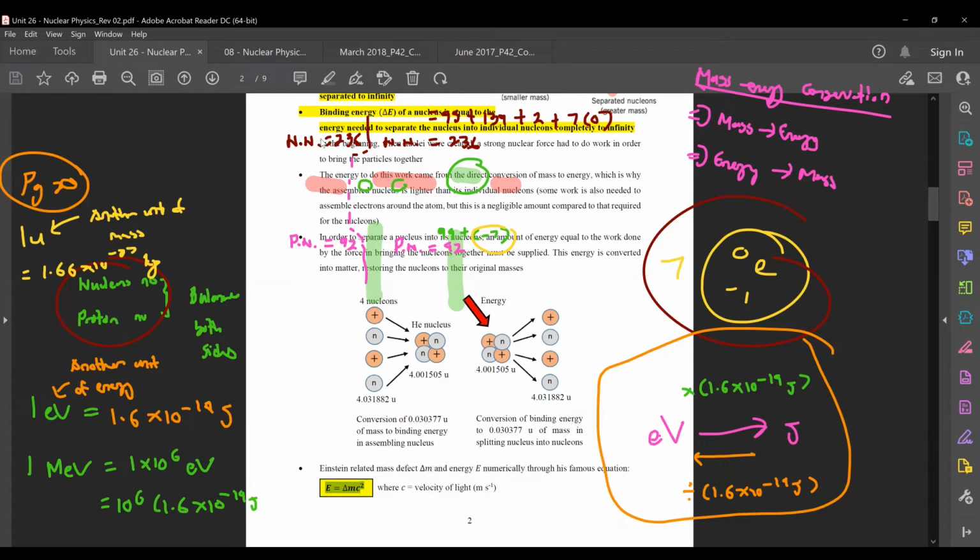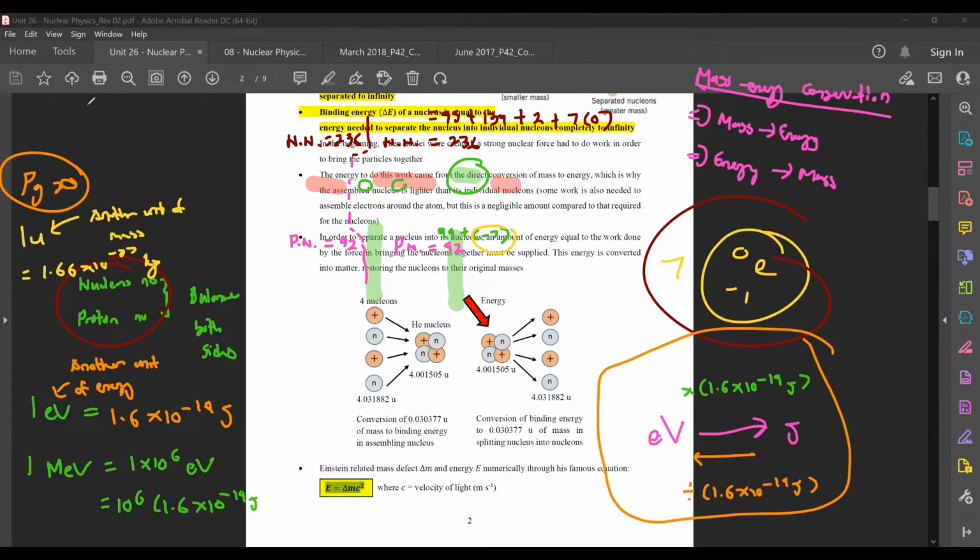I forgot to mention this to you. It can be used to find binding energy, that's correct. Specifically, E equals mc square is used to find energy associated with mass change.